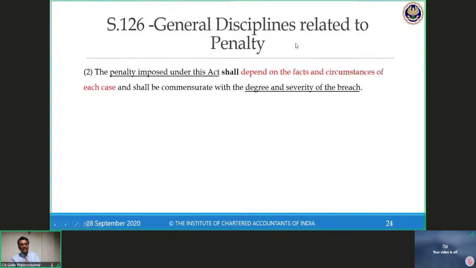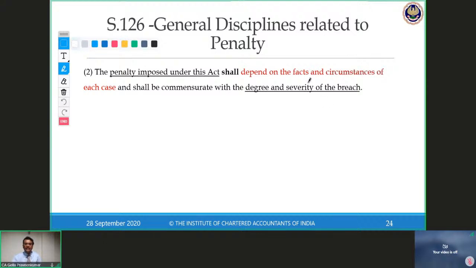Further, section 126, subsection 2, says: penalty imposed under this Act shall depend on the facts and circumstances of each case. Friends, understand this language very, very clearly.